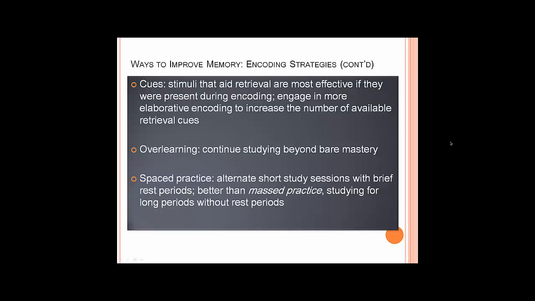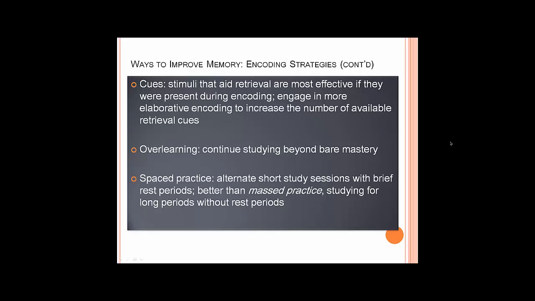Use cues, stimuli that aid retrieval, best effective when used in encoding, and engage more in elaborative encoding to increase the number of available retrieval cues. There's something called overlearning, which is continuing to study beyond bare mastery, and that works, believe me.